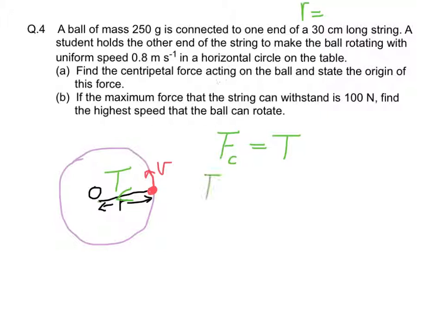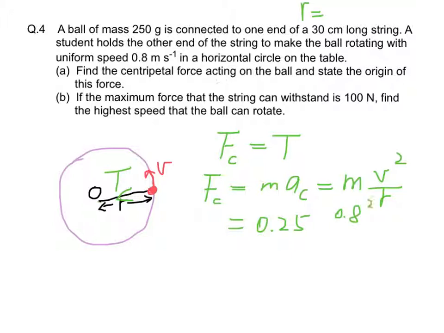By equation, we have centrifugal force Fc equal to mass times centripetal acceleration, which is equal to m times v squared over r. Substitute the values. m is 0.25 kilogram. v is equal to 0.8. r is equal to the length, which is 0.3 meter.